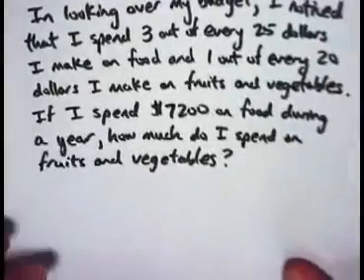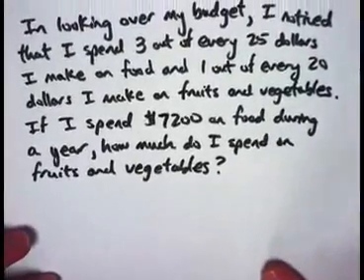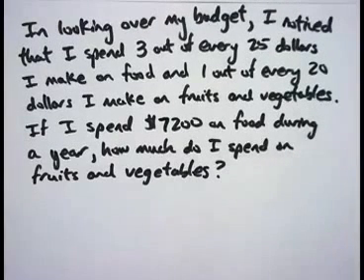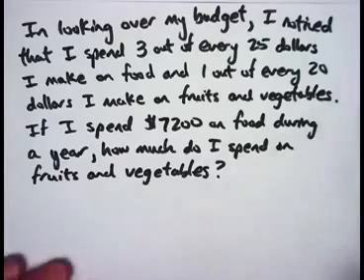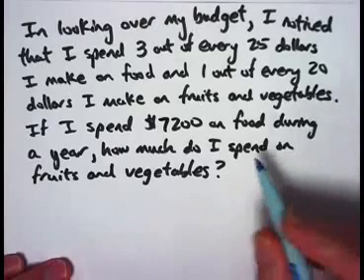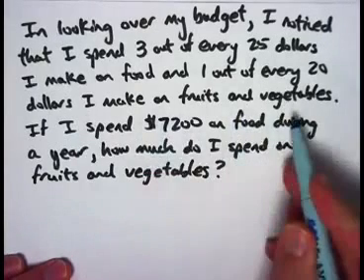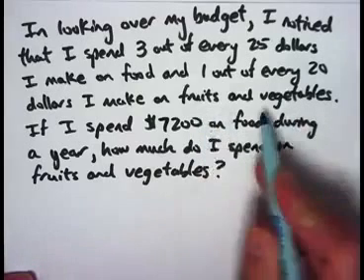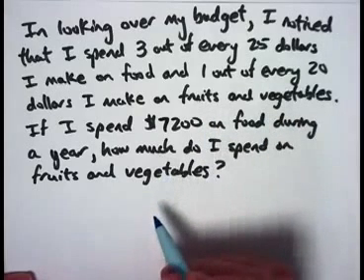What I'd like to do in this video is look at another application of this, and because it's another application, maybe it'll help make more sense out of this. That's my goal here. Looking at my budget, I noticed that I spend 3 out of every $25 I make on food, and 1 out of every $20 I make on fruits and vegetables. I could have picked snacks there or something, but we'll try to be healthy and pick 1 out of every $20 on fruits and vegetables, I guess.